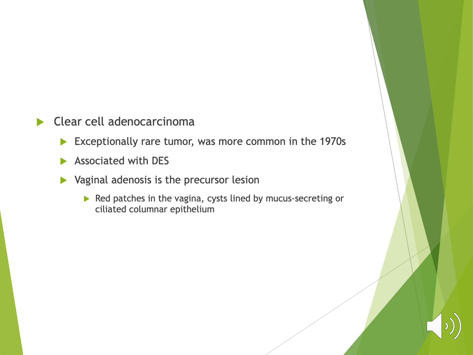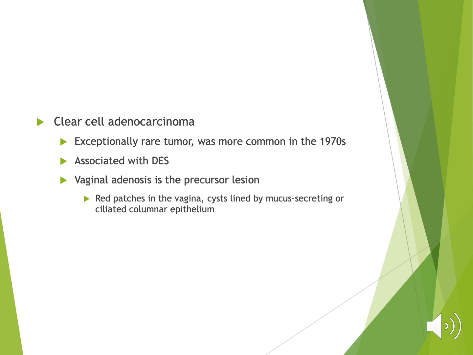Another variant of carcinoma is the clear cell adenocarcinoma. This is exceptionally rare nowadays. It was more common in the 70s when women used to receive a medication called diethylstilbestrol. This medication is no longer used, and it was used to treat threatened abortions.